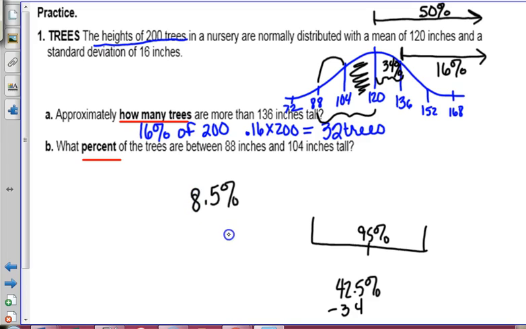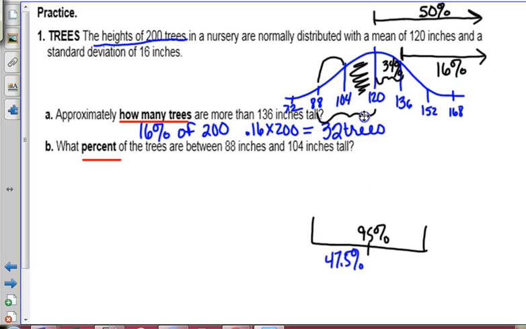Someone else get 8.5? Okay. Oh, yeah, that's right. Because off power can't, that's why it's off. Mistake number 1 for the video. 95 divided by 2 is 47.5.